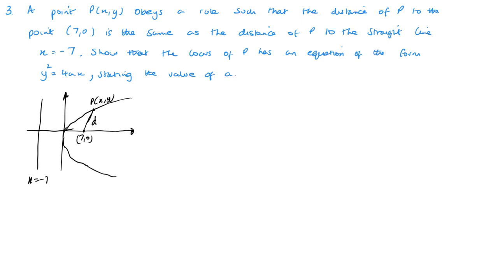That's the distance D, and that's the distance x plus 7. So now I can use D and x plus 7 within my equation. D equals x plus 7. D squared equals x plus 7 squared. And D squared is x minus 7 squared plus y minus 0 squared.